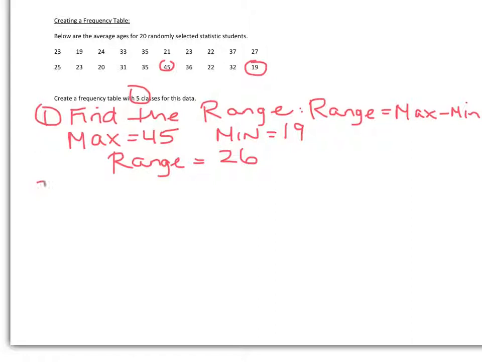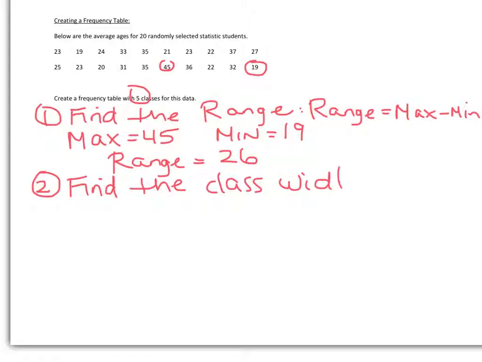So the next thing for us to do is take that 26 and divide it evenly into 5 classes. What we're actually finding right now is the class width. The class width is really just the range over the number of classes.